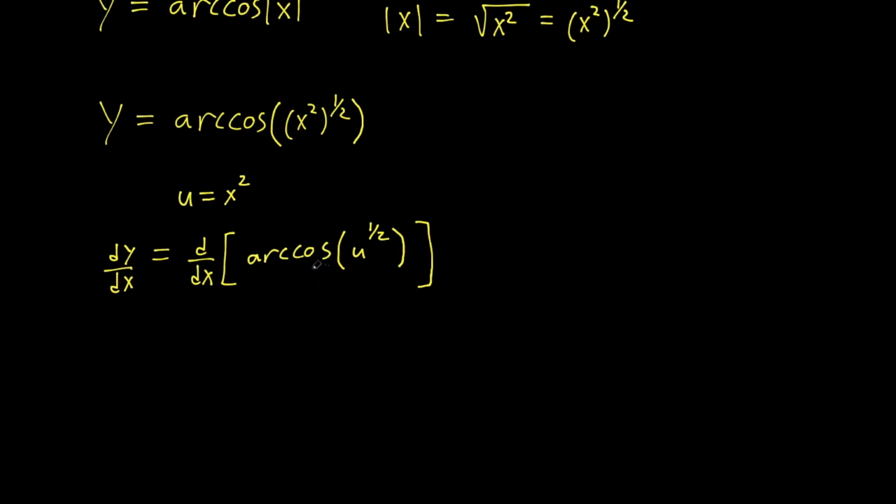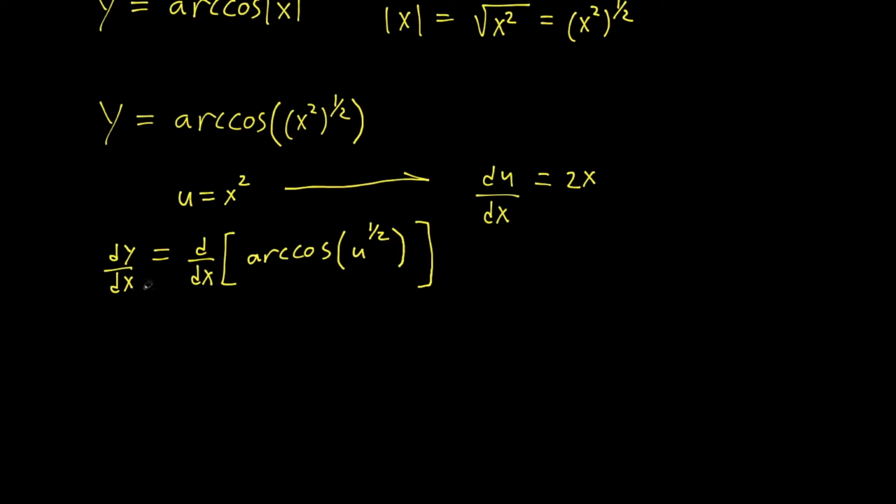So now we have a function in terms of u being differentiated with respect to x. So let's fix that by saying the derivative of u with respect to x is going to be equal, well, the derivative of x squared is just 2x.